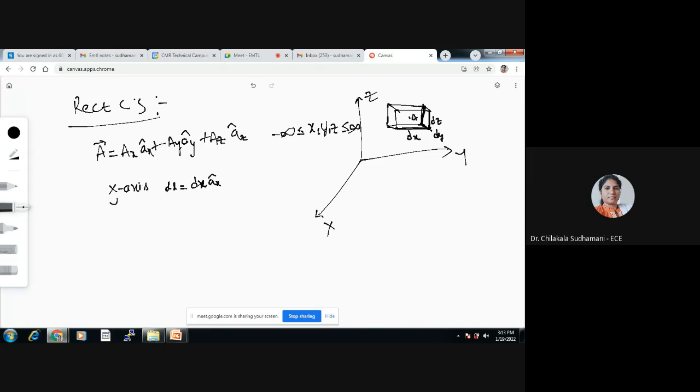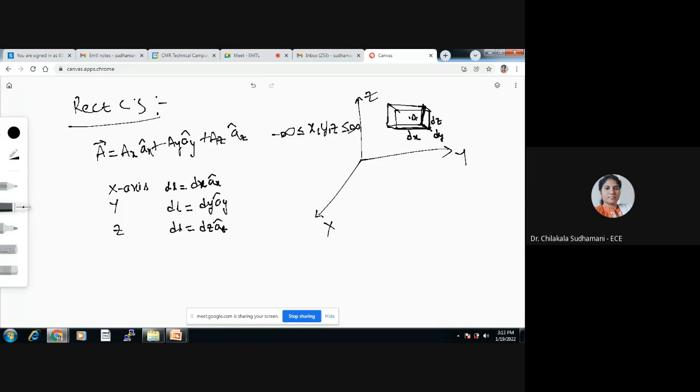Along the y-axis, dl is equal to dy times ay cap. Along the z-axis, the length is equal to dz times az cap.